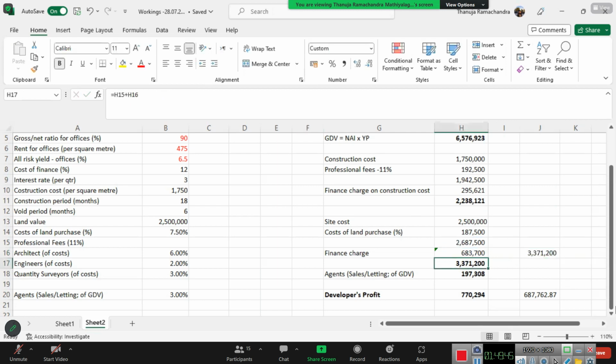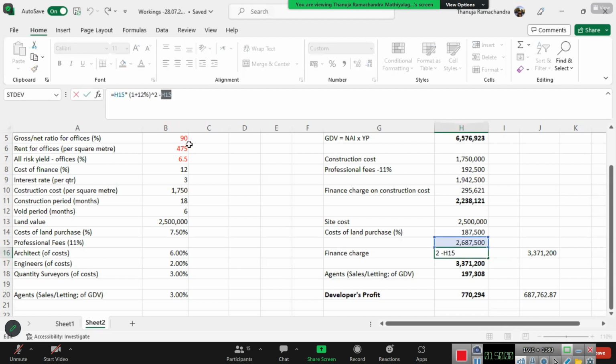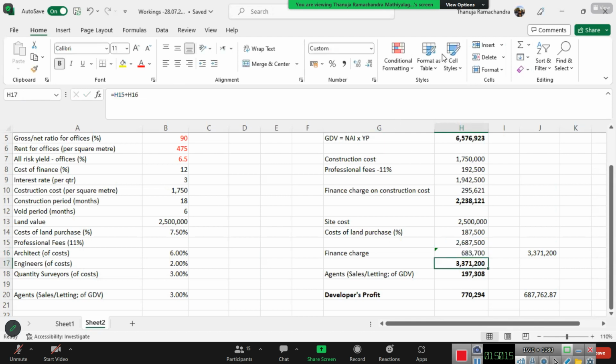See, that amount comes straight away, isn't it? Just to calculate the finance charge separately, I deducted this principal amount. The total value is whatever the principal amount, that is 2.68 million, into the compound interest factor, 1 plus r to the power n. Hope it's clear, right?